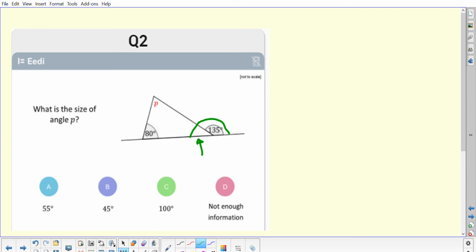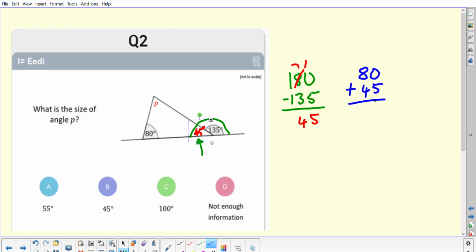So if you do 180, take away your 135, because angles on a straight line, or a straight angle, have to add to be 180. So looking at that, you should have had this angle in here to be 45 degrees. Once you've worked that, you've then got your two angles inside the triangle, so you've got your 80 and your 45 that you can add together.